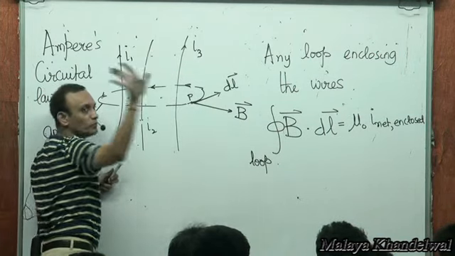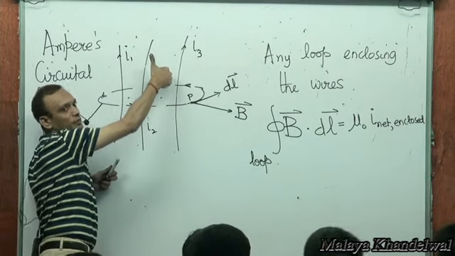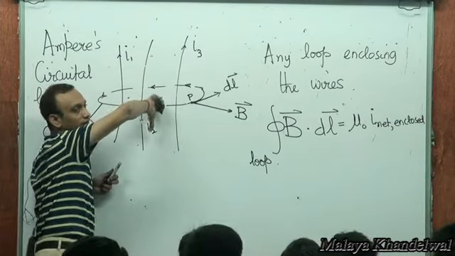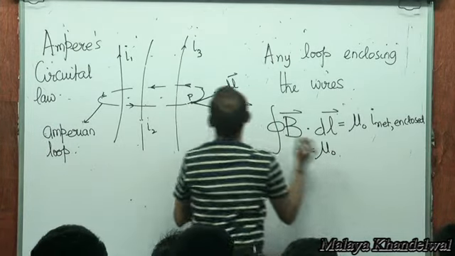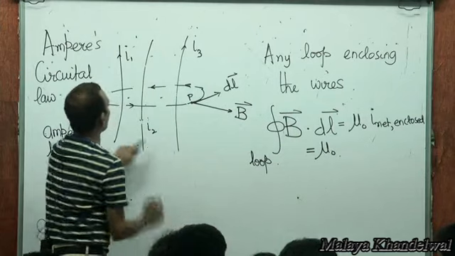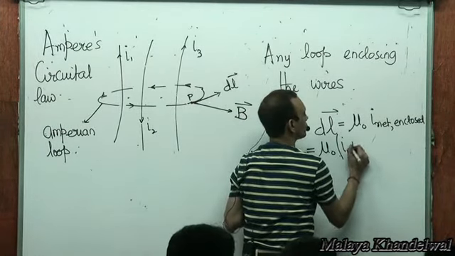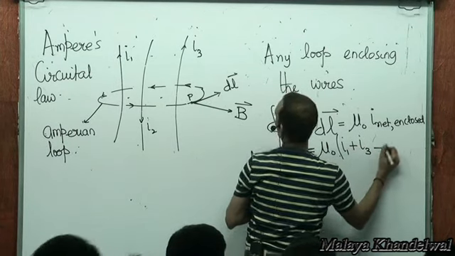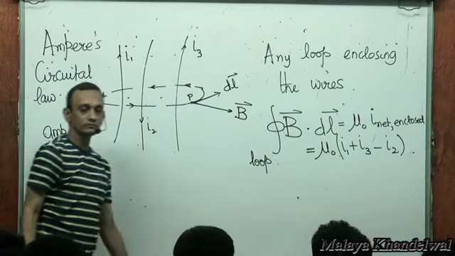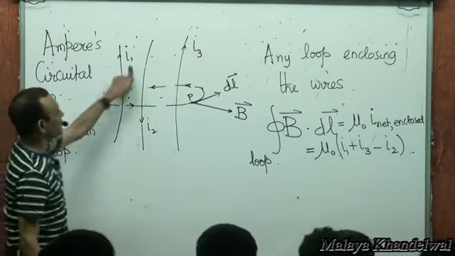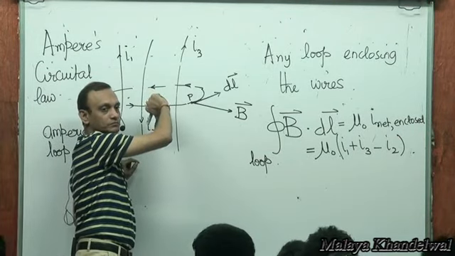So I'm circulating the loop like this, given by curling of my fingers. So currents in this sense would be positive and currents in this sense would be negative. So this would then turn out to be mu naught times I enclosed, which is I1 plus I3 minus I2. Right, I1 and I3 are both along the thumb and I2 is opposite to the thumb.